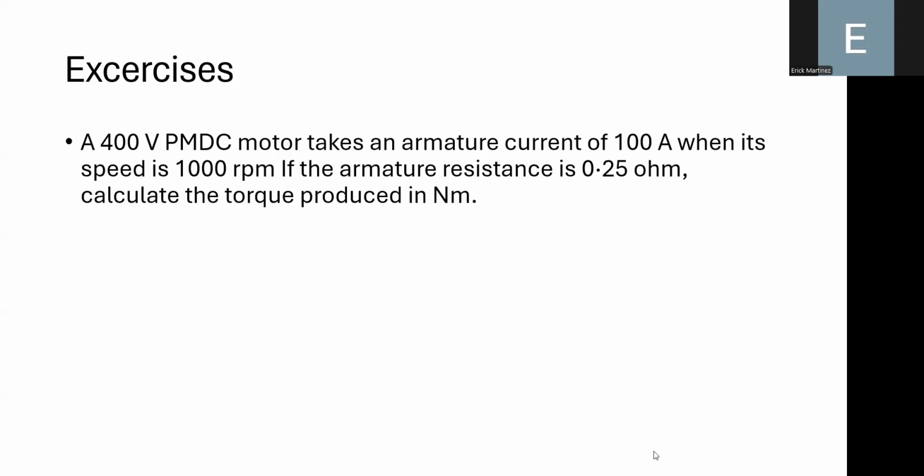So for the electromagnetic torque, we can use the following expression. Let me share my tablet screen again. And now we can perform a very similar analysis, okay? So we know that the exercise is as follows.